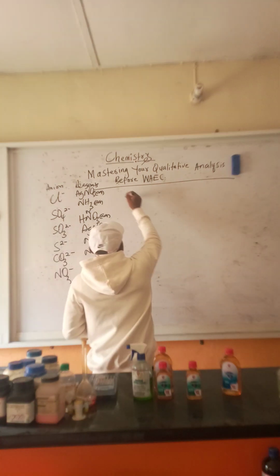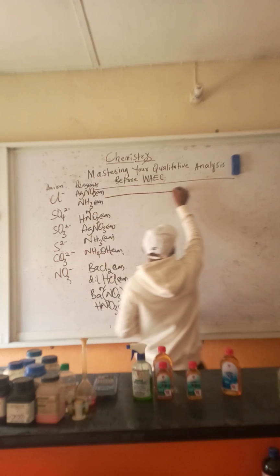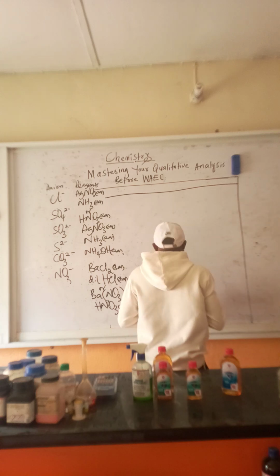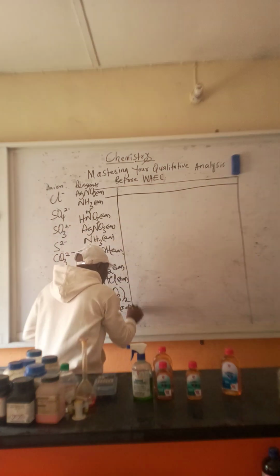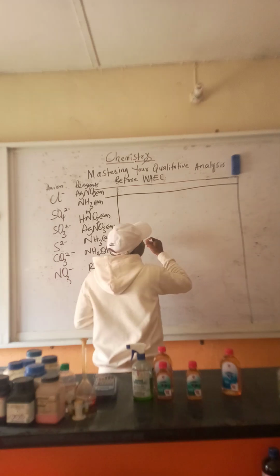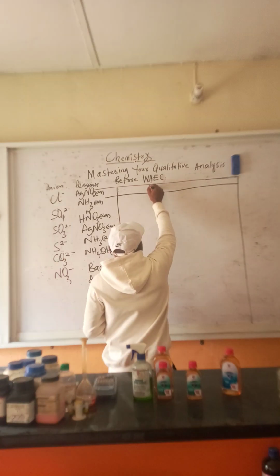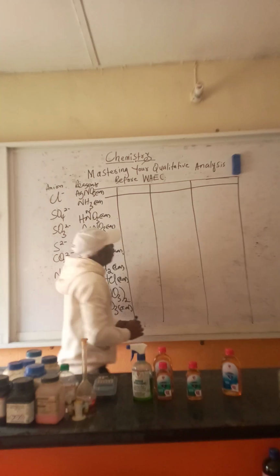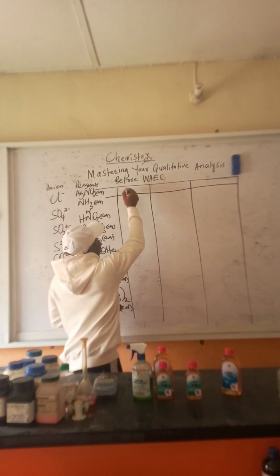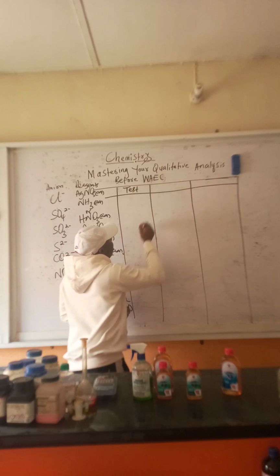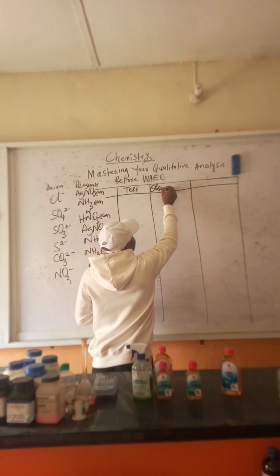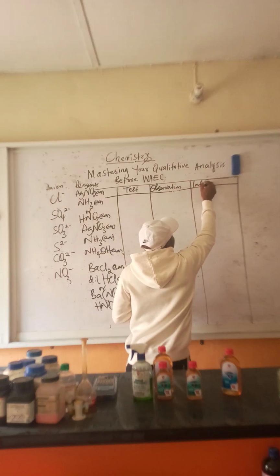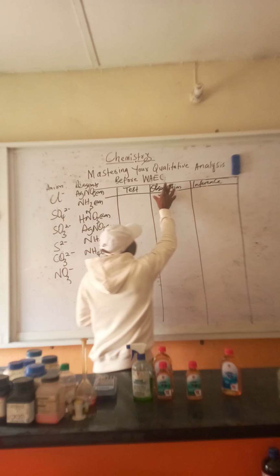Let's say we are given a salt. In today's class, let's use a tabular method to illustrate what we're saying. Here is our test, here we write our observation, and here we write our inference, which is a logical deduction from your observation.